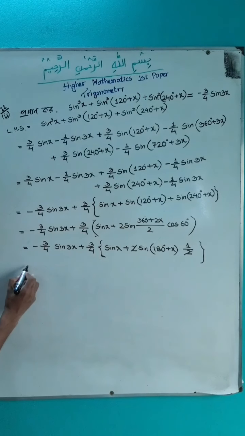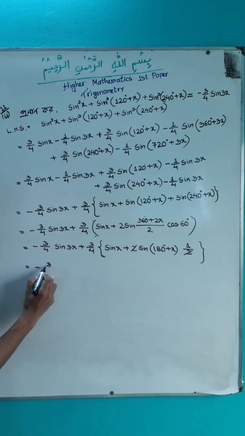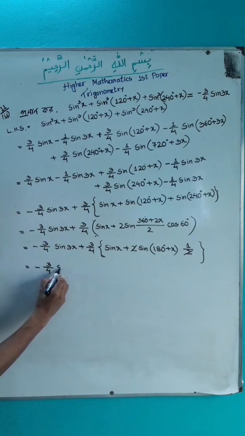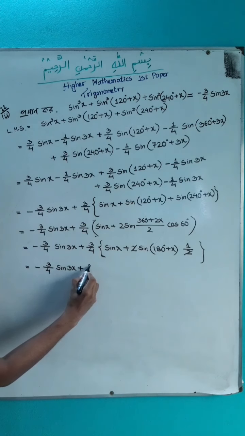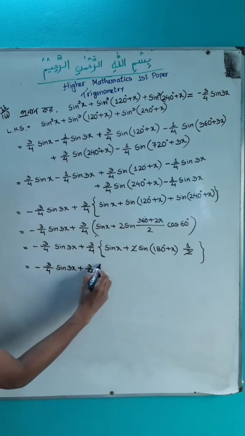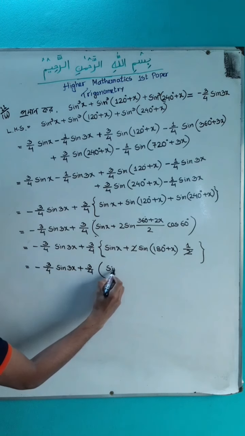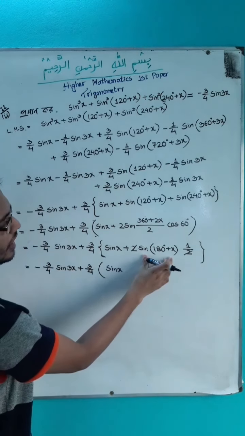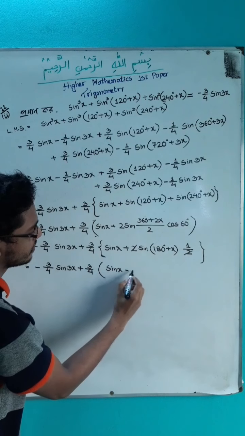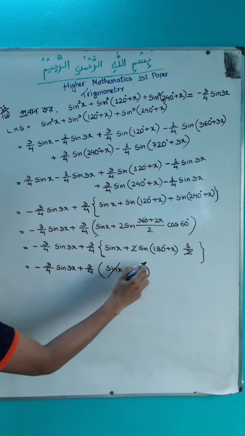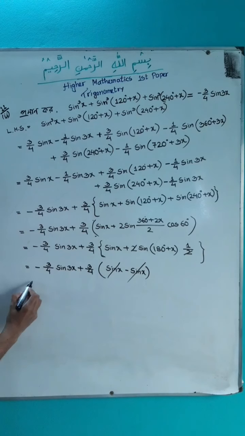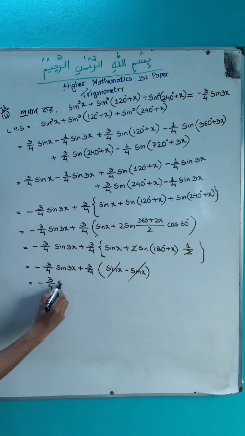So we get minus 3 by 4 sin 3x plus 3 by 4 into sin x, and this one will be minus sin x. And this one will cancel out. So we will have our answer. Minus 3 by 4 sin 3x.